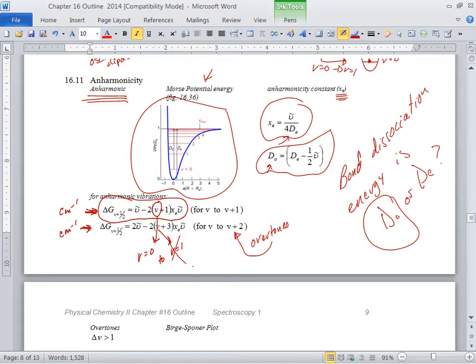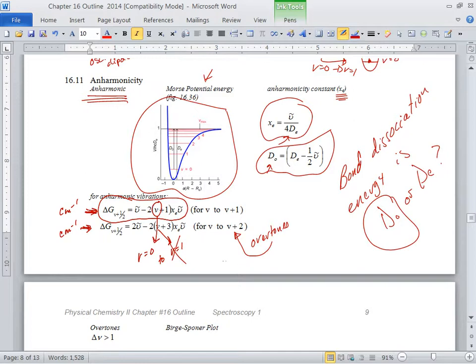Same with the bottom expression. Let's say delta G, subscript v plus 1/2. No, it's plus 1/2. I'm just copying the notation in the book.